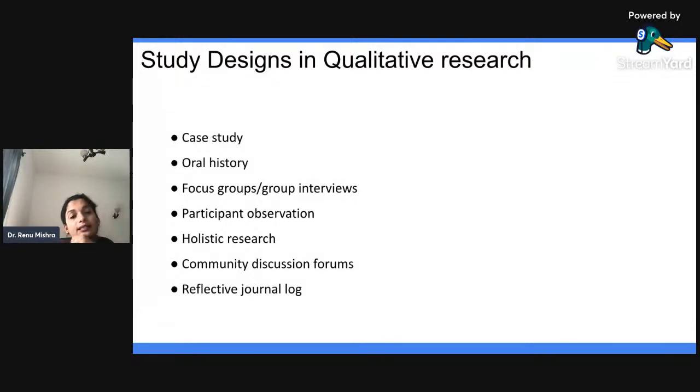Now if we're talking about study designs in qualitative research, if I want to collect information in a detailed manner, I want to understand the behavioral pattern of a child who is in grade 5 or grade 6, or the behavioral pattern of research scholars.